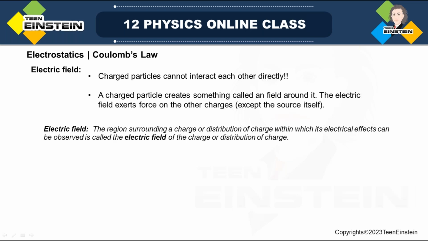So around any charge particle you keep, there will be a region within which any charge particle will experience a force if brought there. Okay, I hope I have made this statement clear.